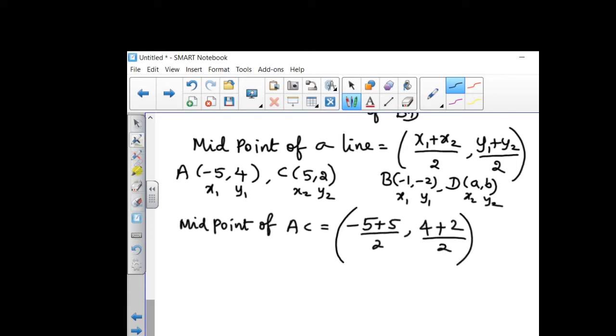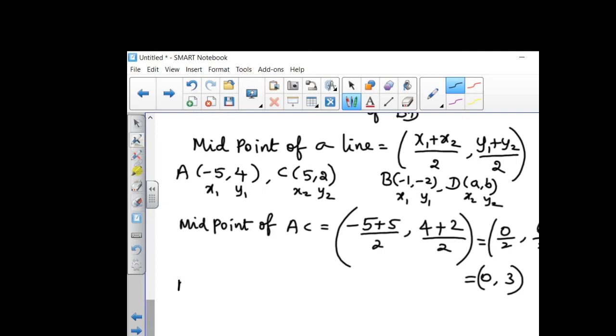Therefore, minus 5 plus 5 cancels, so that is 0 by 2. Then 4 plus 2, 6 by 2. So what do you get, 0 comma 3. Okay, this is midpoint of AC.